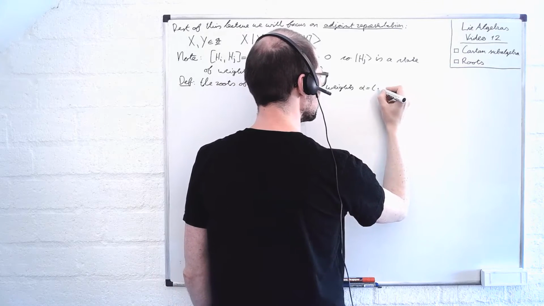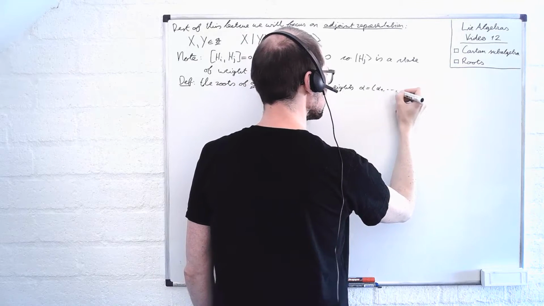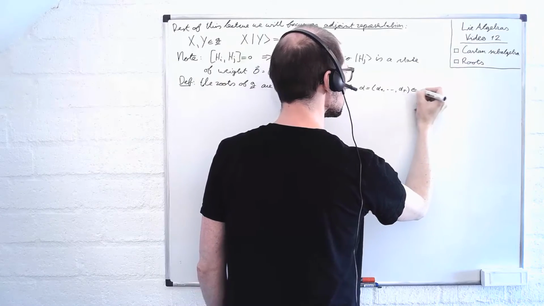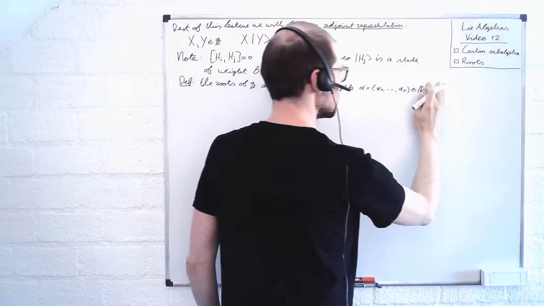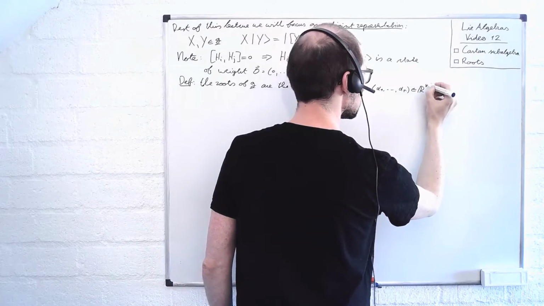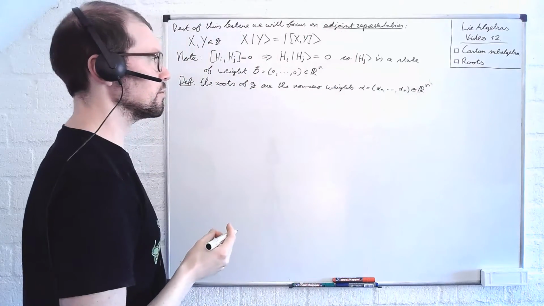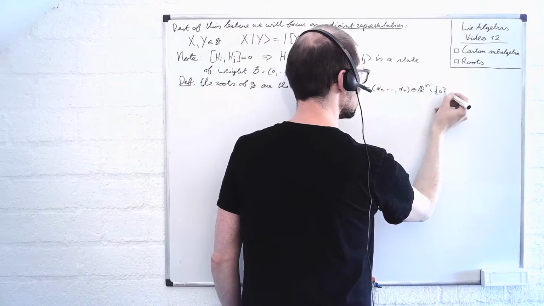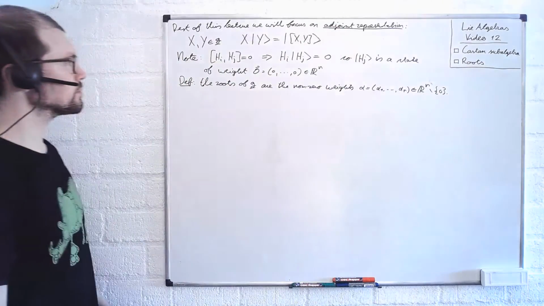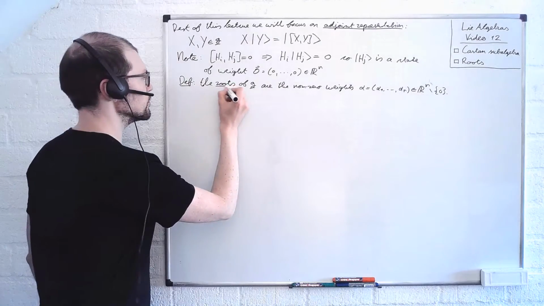So alpha is going to be a vector with r components, not R^n, R^r. And it's not allowed to be 0, so without 0. These are the roots of G.